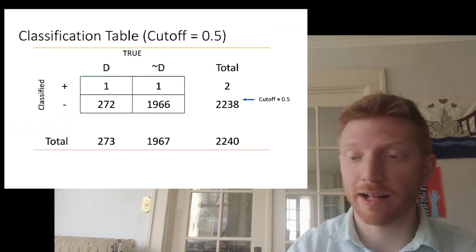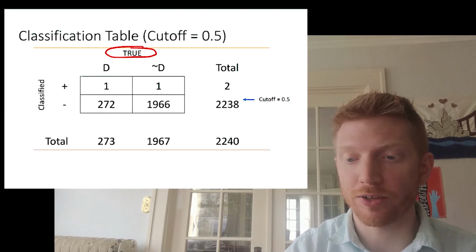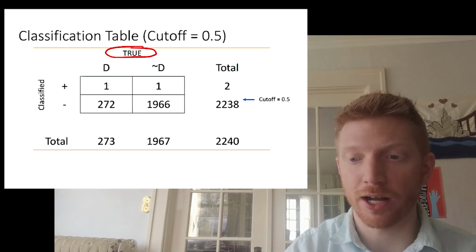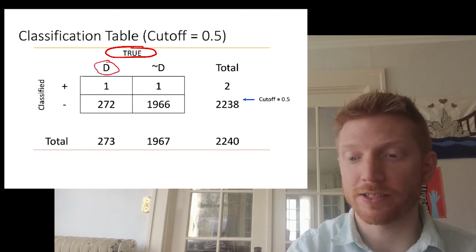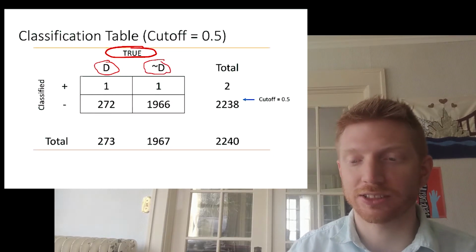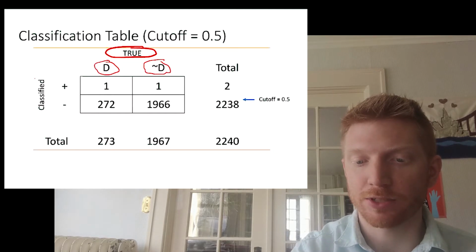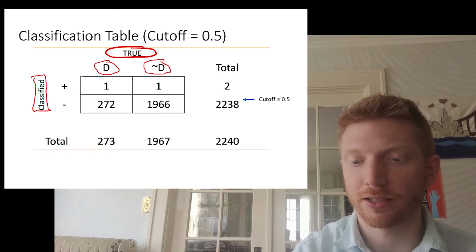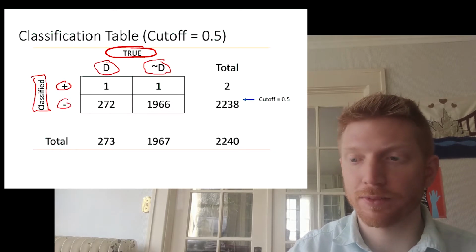So across our two different rows are the true values for deny, whether deny actually happened, that happens to be D, or whether that's 0, not D, for your dummy variable. That's actually not always going to be deny, and this is how it was classified, so how you predicted. Positive, negative is how that is symbolized.